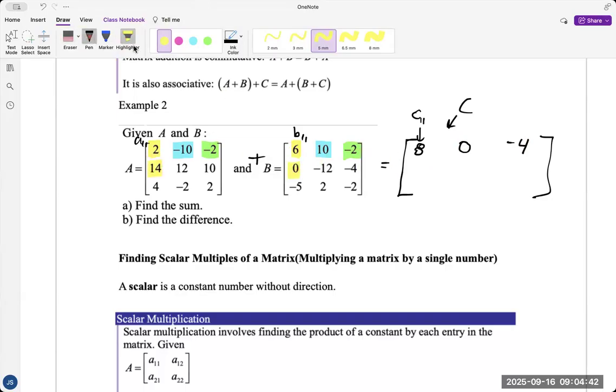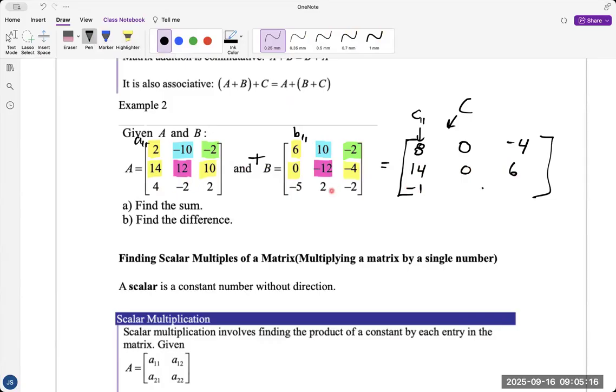14 plus 0 is 14. And then negative 12 plus negative 12, that is 0. 10 plus negative 4, that's 6. And you guys kind of get the idea, but 4 plus negative 5, that is negative 1.